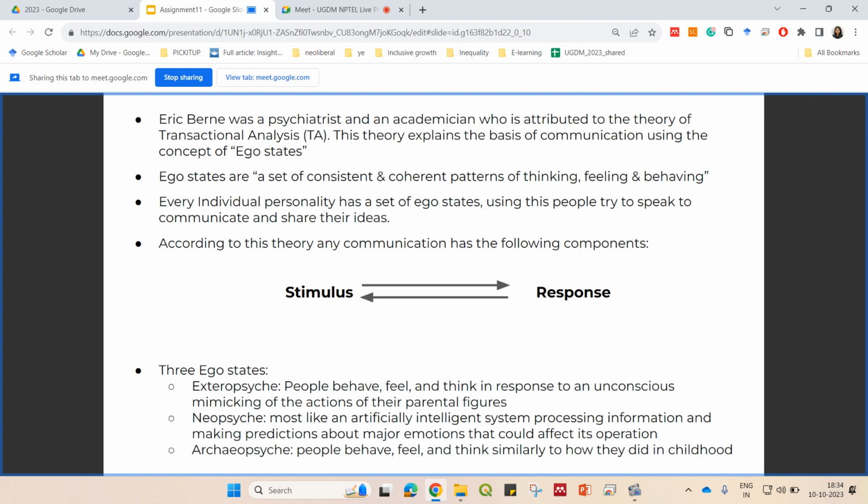That is called neopsyche. So again, this is also referred to as adult ego, because like adults, you are trying to intelligently understand what is going on in your surroundings.